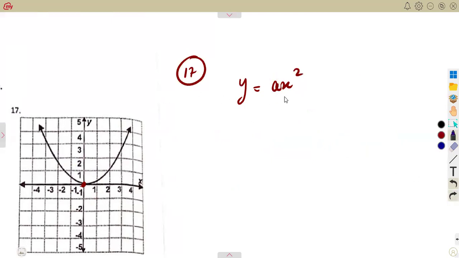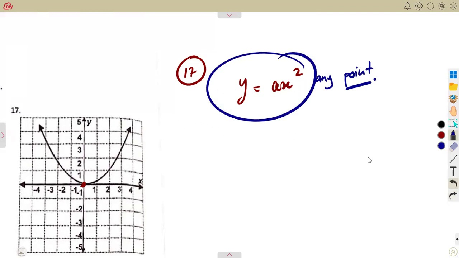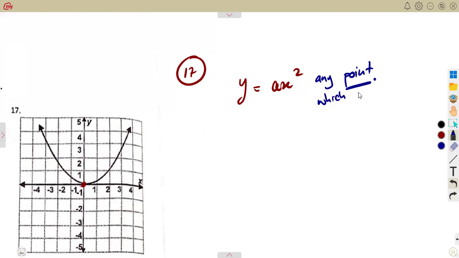By having x and y, I can determine the value of a. So you're supposed to look for any point which lies on this function, the f of x that you're given.